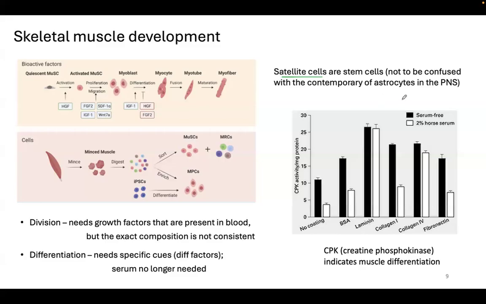Just like we talked about oligodendrocytes in the CNS and Schwann cells in the PNS, likewise you have astrocytes in the CNS and something known as satellite cells in the PNS, but those are different satellite cells. If you want, you can call these myosatellite cells, but they are different. These are stem cells. Those astrocyte-like cells in the PNS are not stem cells.